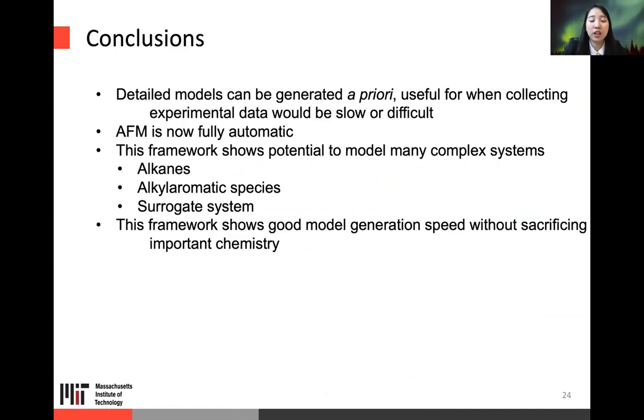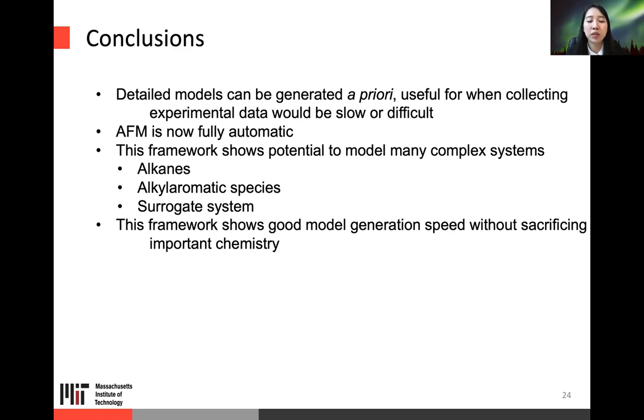So here are the conclusions. Detailed models can be generated a priori, and this is useful when collecting experimental data would be slow or difficult. Auto-fragment modeling is now fully automatic, so the user just needs to give the initial feedstock information and specify the temperature or pressure profile.